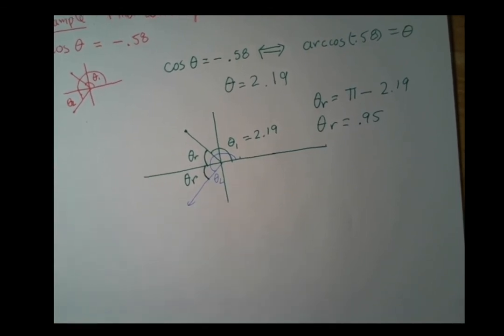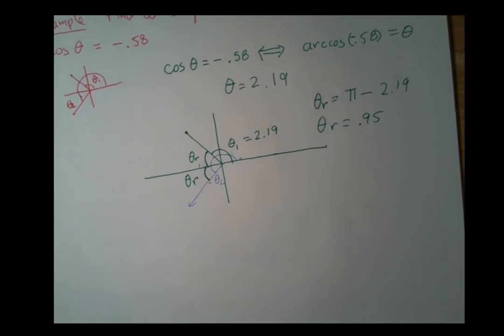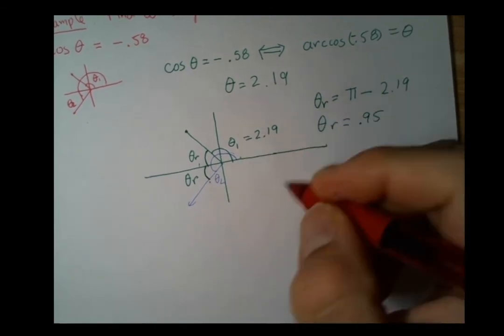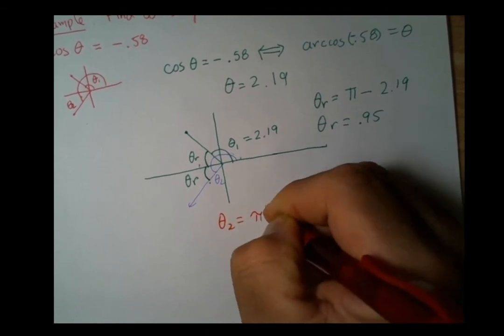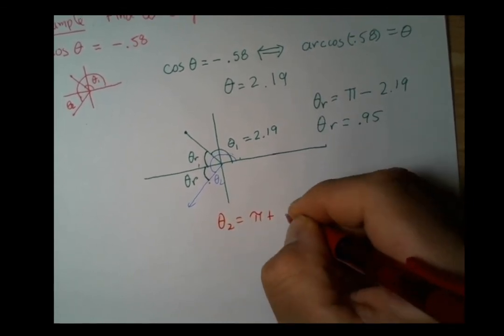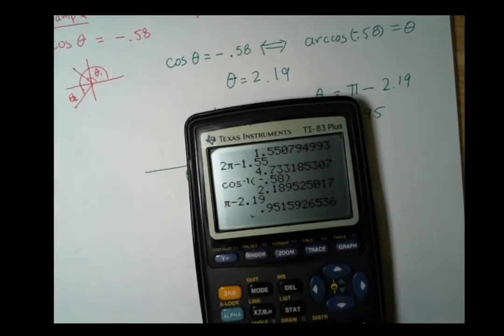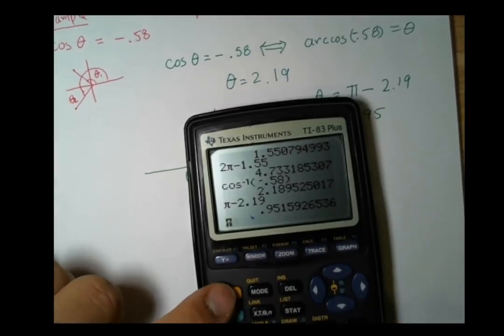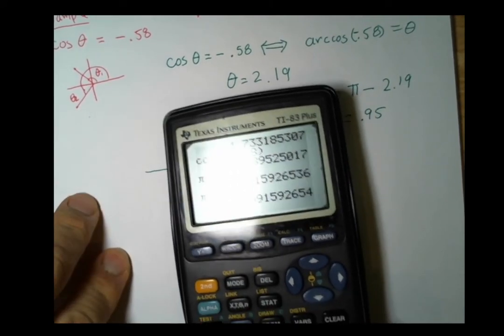Now I am able to find theta 2. Theta 2 is pi plus that theta r. So here, theta 2 is going to be pi plus 0.95. Calculating that, we get 4.09.